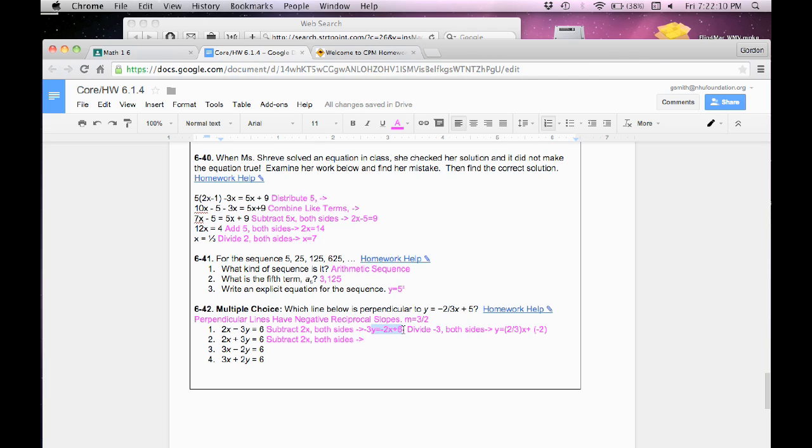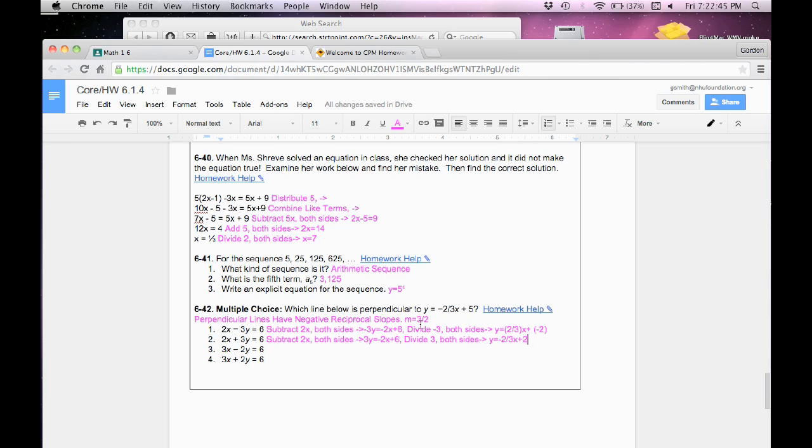So I can do this. 3y equals negative 2x plus 6. So this time when I divide, I'm going to divide by 3 both sides, and that's going to get us y equals negative 2/3 x plus 2.